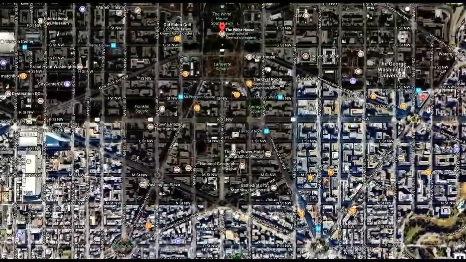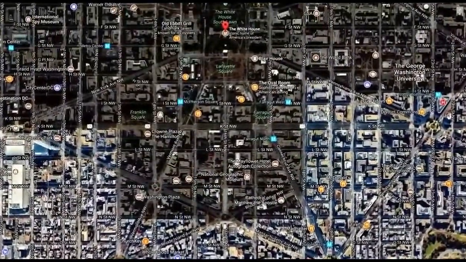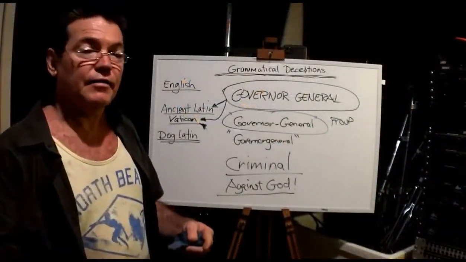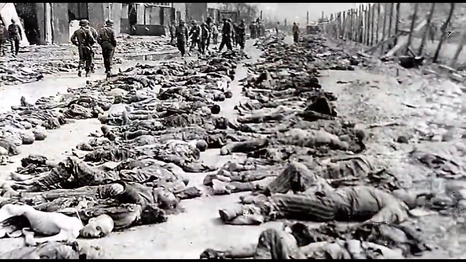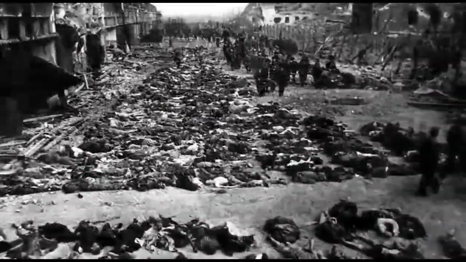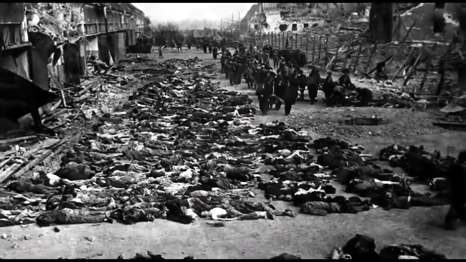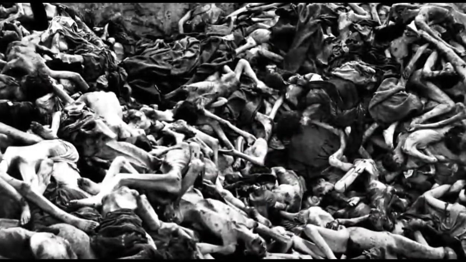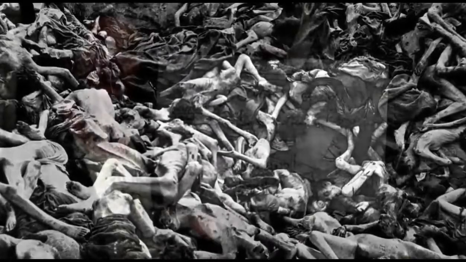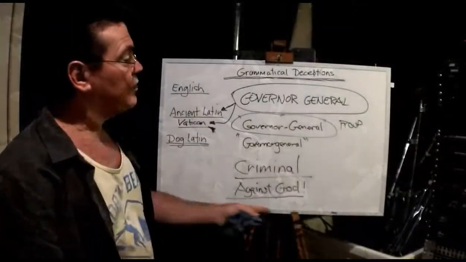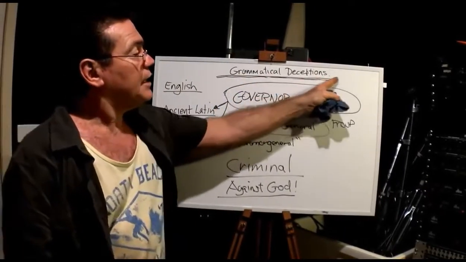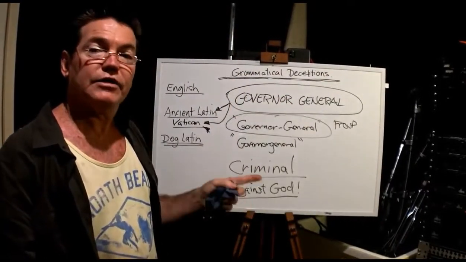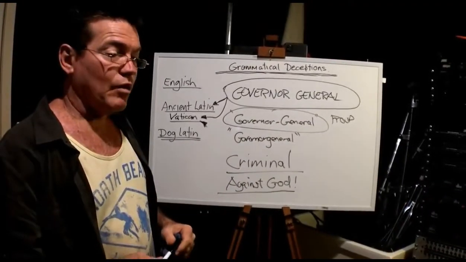It puts the state ahead of the people, which is absolutely dangerous, because we all know the history of Hitler and Stalin and other governments in the past, Pol Pot, that have used this type of system where the state becomes more powerful than the people.